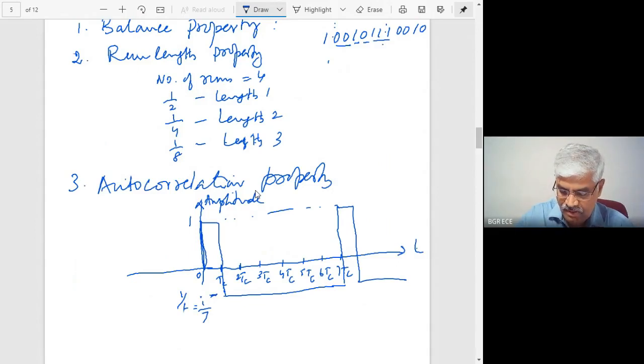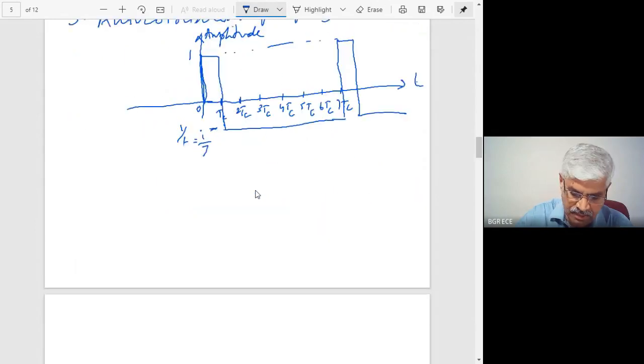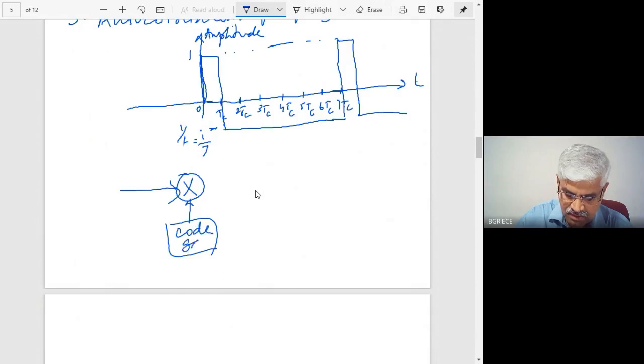The code you are generating enters the autocorrelator. The autocorrelator is like this. For example, it will have one multiplier, one code generator, and then one integrator.